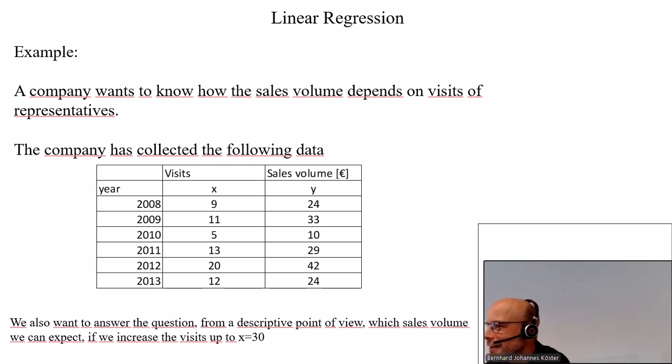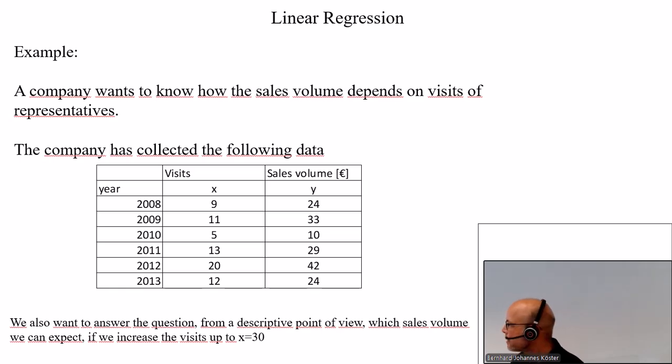Sometimes it is still done that somebody is ringing at your door and wants to sell something to you. And then maybe the company has the idea, if I send more people outside doing these visits, that then maybe I can sell more. But in order to get an idea, is there this dependence?